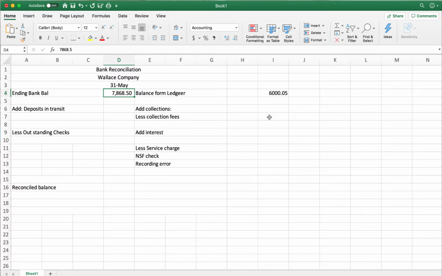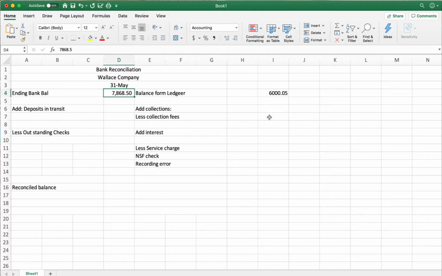The bank has not received notice of these checks, meaning we wrote the check out on our side, the general ledger side. We deducted that check amount from our cash balance. We sent it to that company or that supplier. That supplier has not taken that check to the bank and presented it for payment.